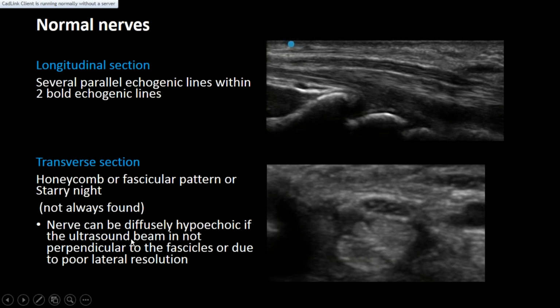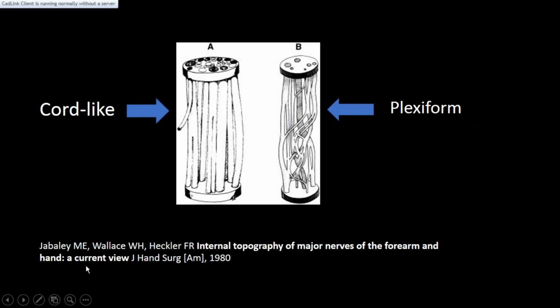So the diffuse hypoechoic appearance of the nerve can be due to ultrasound beam not being perpendicular to the fascicles, or due to poor local resolution. Other than poor local lateral resolution or ultrasound being not perpendicular to the fascicles, there is one more reason why you see hypoechoic appearance and not fascicular appearance, and that's because of the arrangement of the fascicles in the nerve.